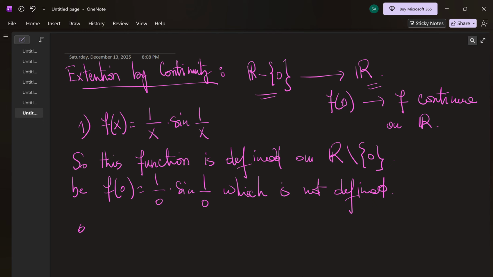Otherwise, on R minus 0, f is continuous.